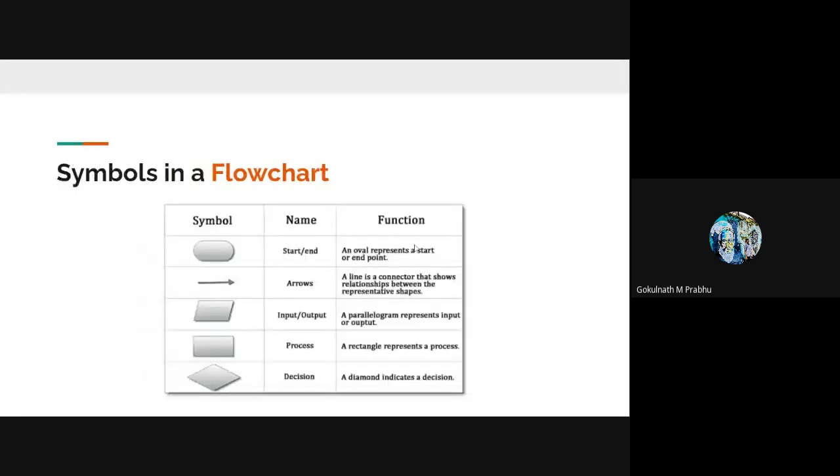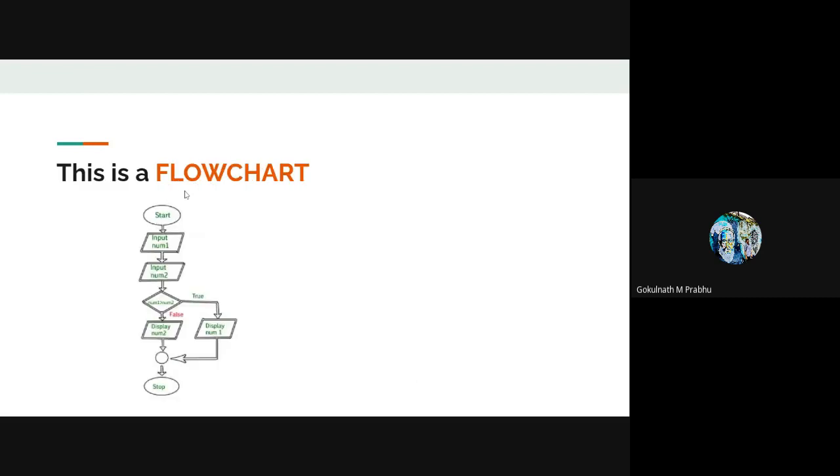Okay, so the next thing is, what do these symbols in flowcharts mean? We have already seen how a flowchart looks, but we didn't understand what this diamond shape means, or what this parallelogram means, or what this oval shape means.